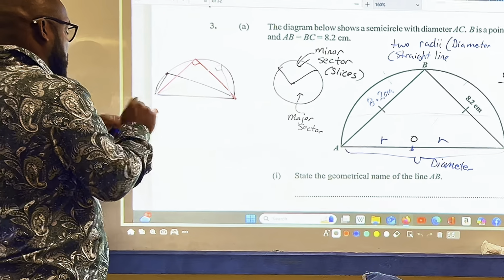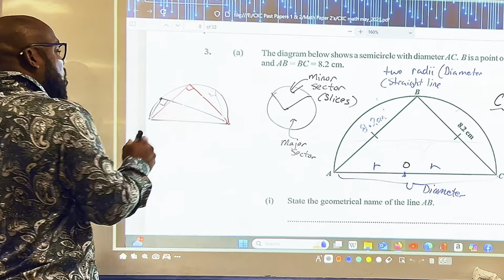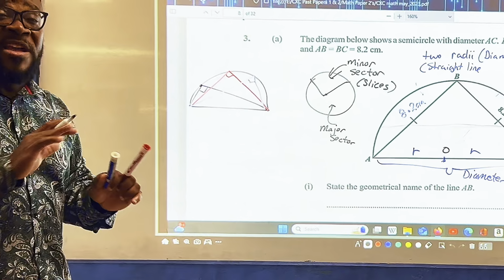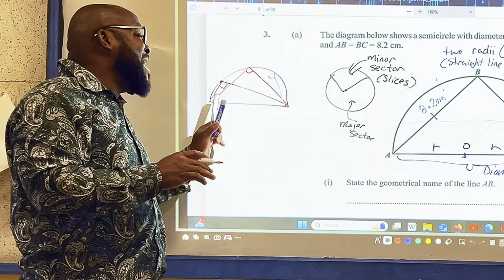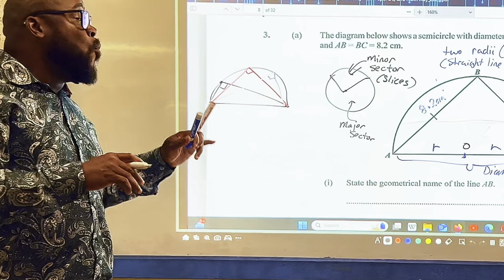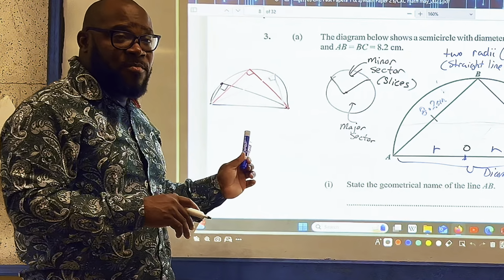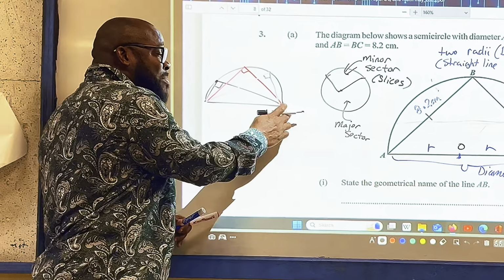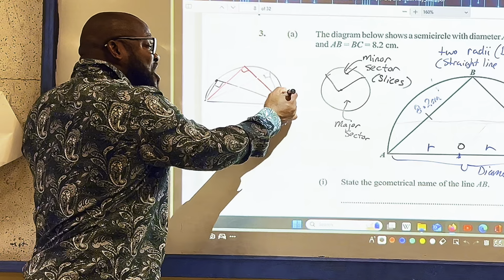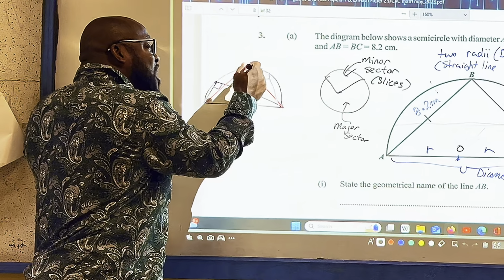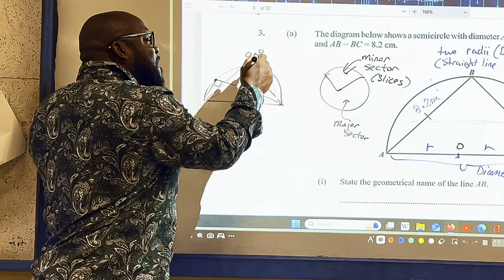When the angle is 90 degrees. Whenever any type of triangle is found within a semicircle, and one of the arms of the triangle is the diameter, no matter if this is short and this is long, the angle formed at the circumference will always be 90 degrees.